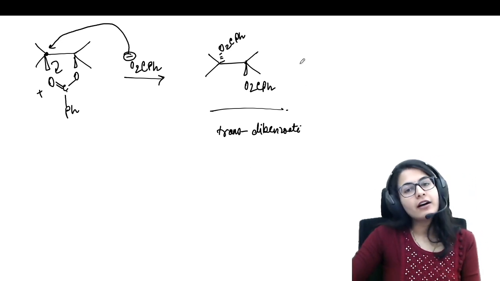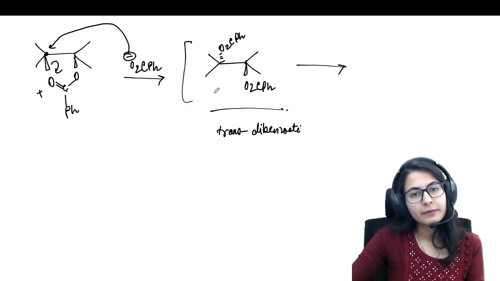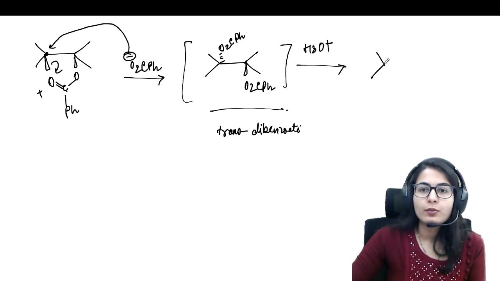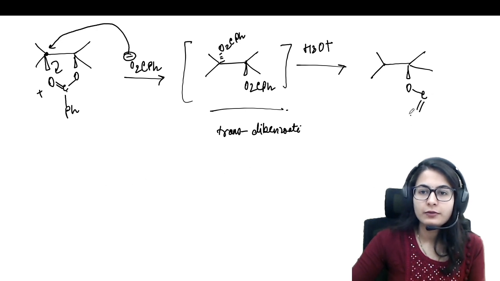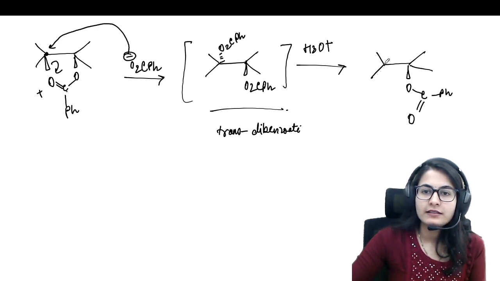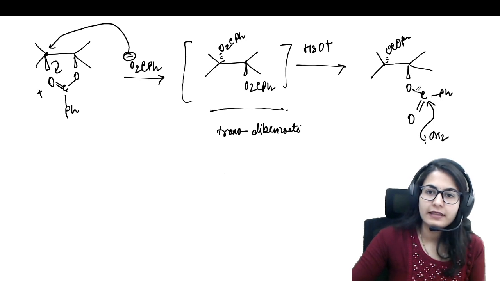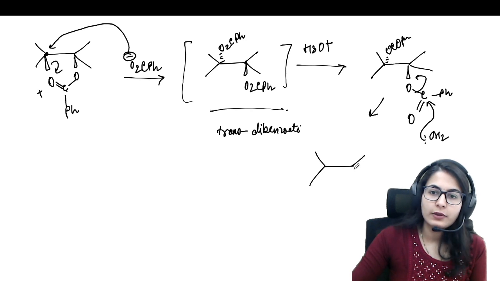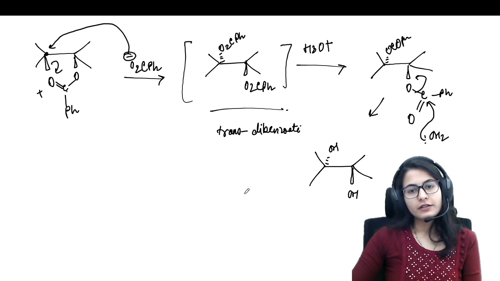After this step is done, finally you do the hydrolysis, and that is going to break down the benzoate bonds. You can show it like this, right? So water is going to attack over here in the last step, and then this bond opens away. The same happens in the other one, and you are going to get the alcohols trans to each other.